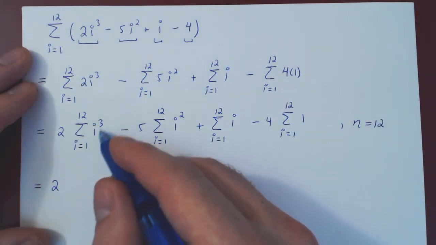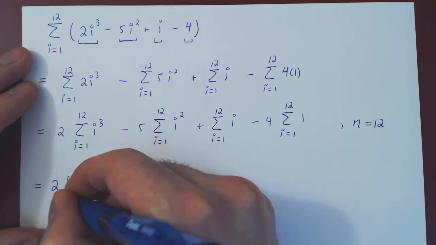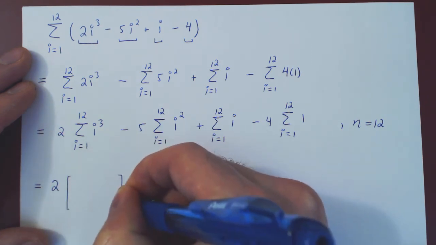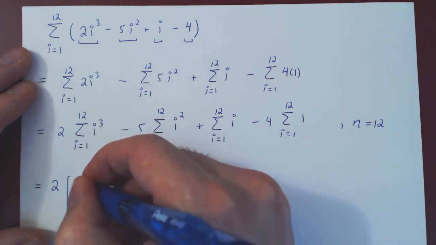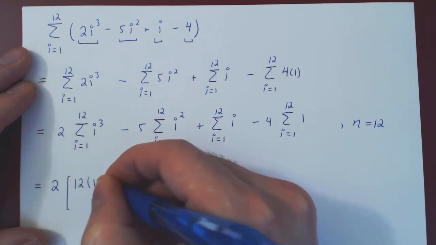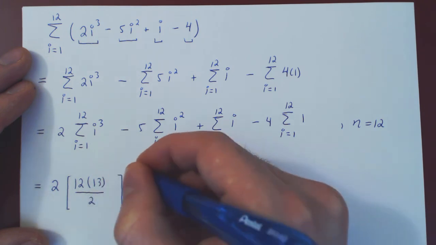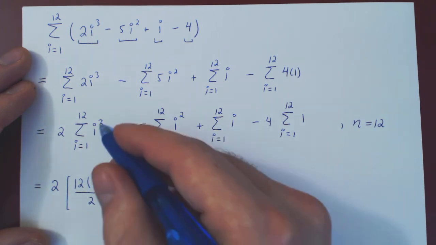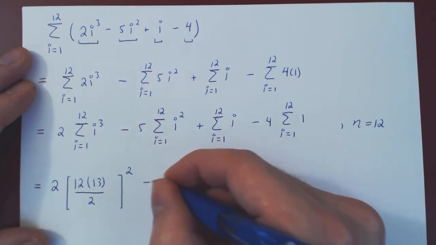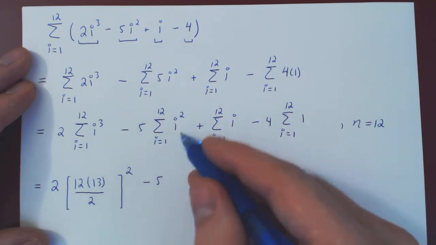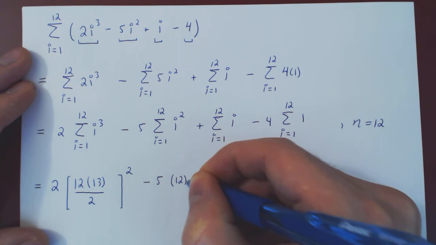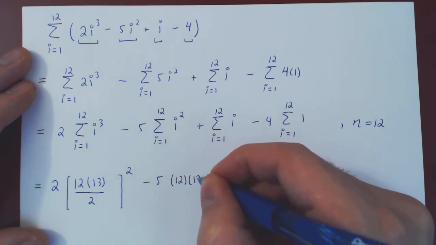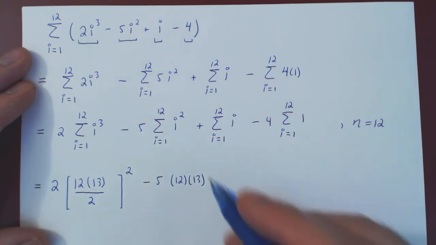So the cubes, if you remember, sum to n, 12, times n plus 1, 13, over 2, the whole thing squared. Done. Minus 5 times the squares, which sum to n, 12, times n plus 1, 13, times 2n plus 1.